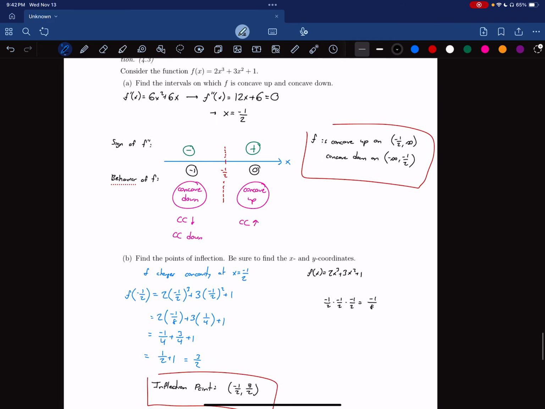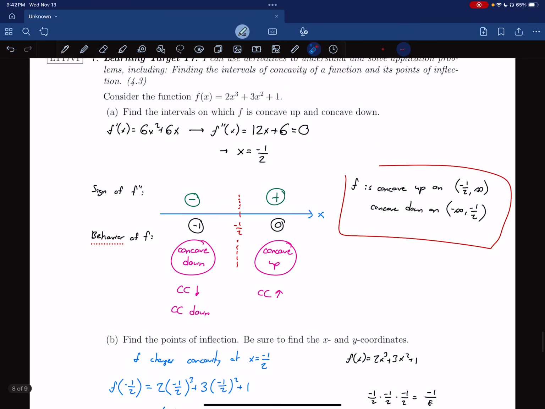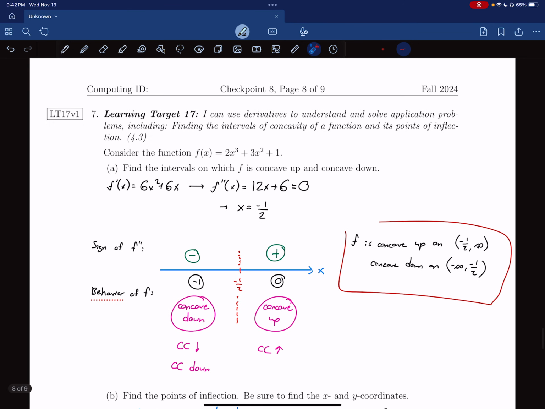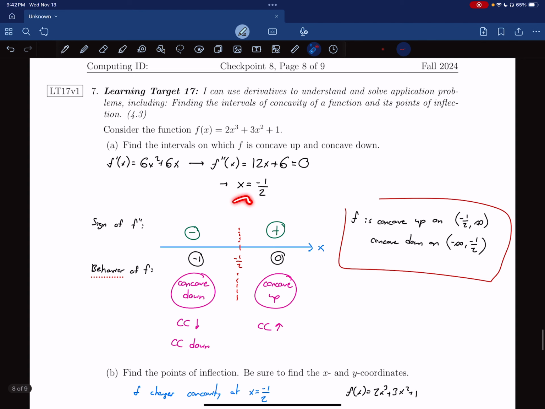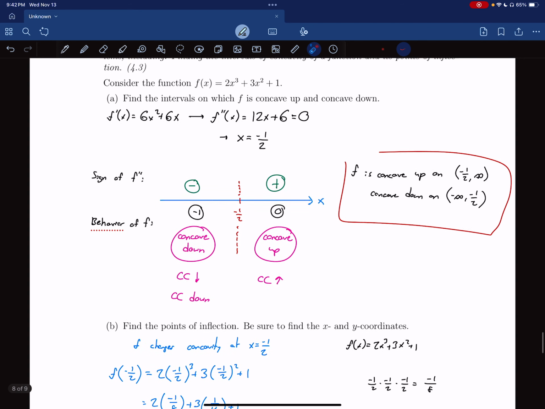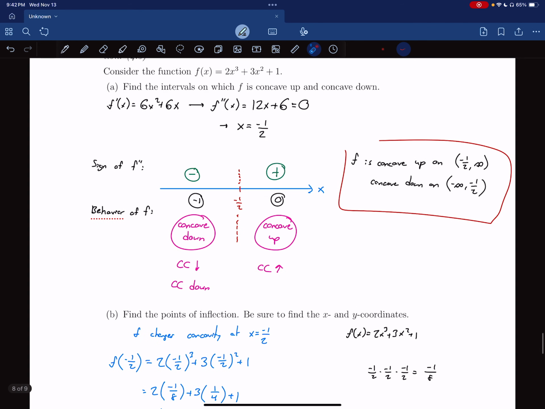All right, summarizing this a little bit more. Once again, pretty similar to the increasing and decreasing problem that we did in learning target 16. We take our first derivative. We also need to take a second derivative. We set that second derivative equal to 0 to get a potential inflection point. We do our sign chart and determine the sign of f double prime. That corresponds with the concavity for a certain region.